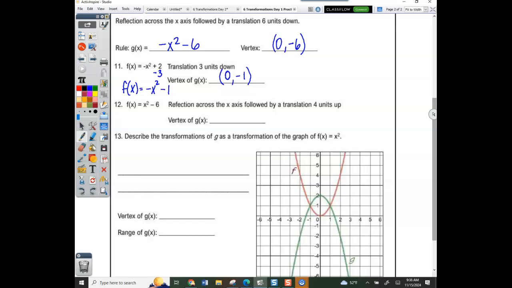All right, number 12. Take one that's already been adjusted, and they're saying to go over the x-axis, which means it's opening down, and then translate 4 units up. So what would we adjust?